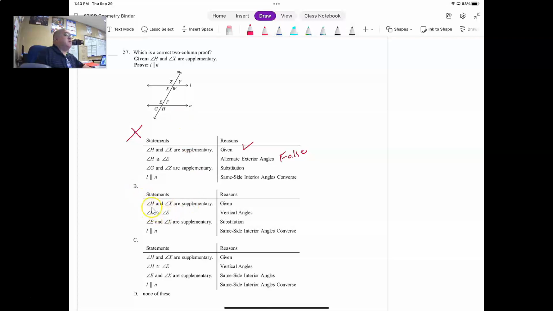Let's look at B. Angle H and angle X are supplementary. That's given. We know that angle H and angle E are vertical angles.